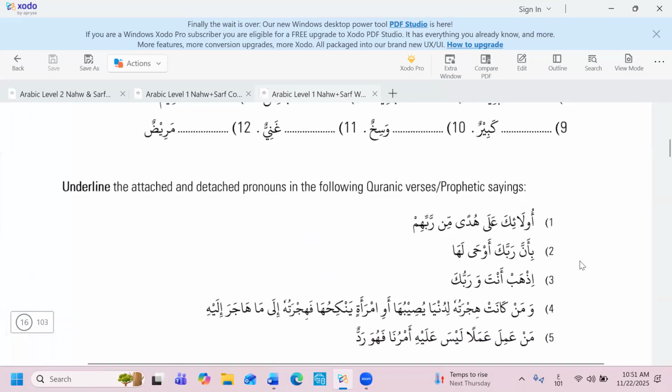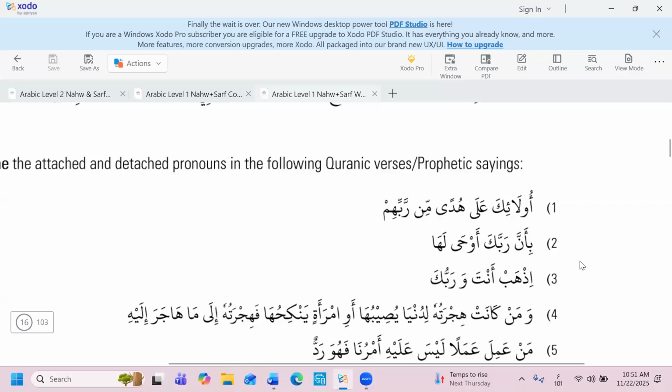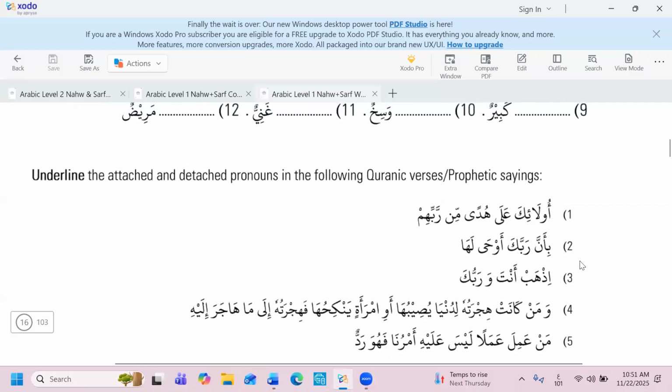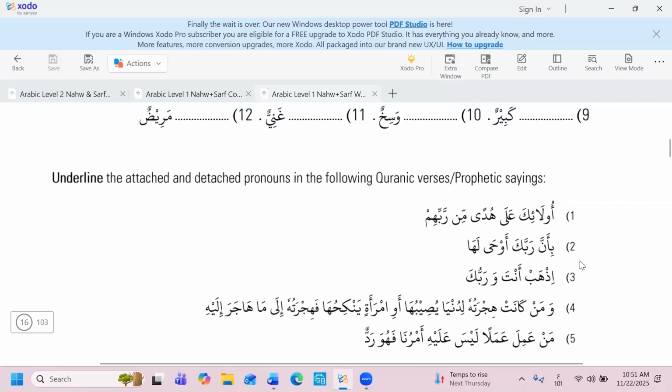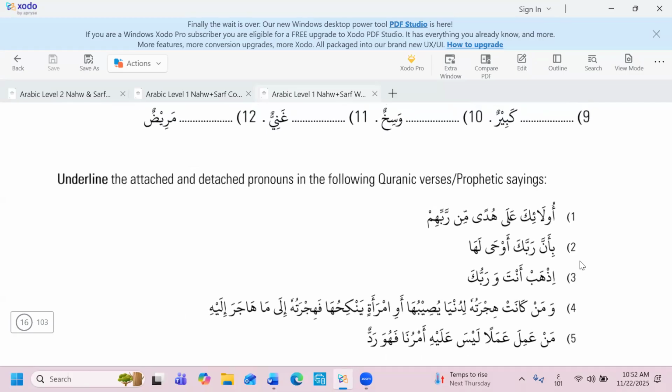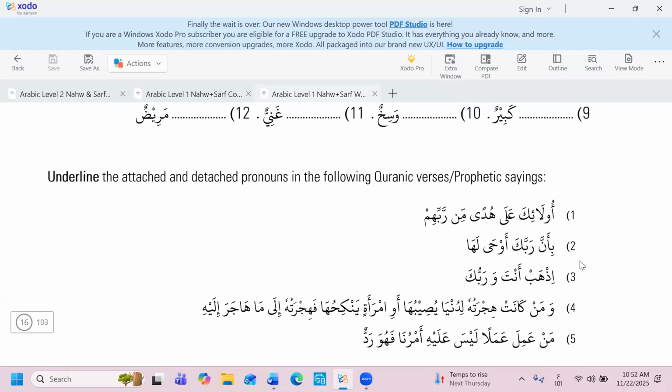So let's do this little exercise. I just want you to point out the attached and the detached pronouns. Let me just double check one thing.